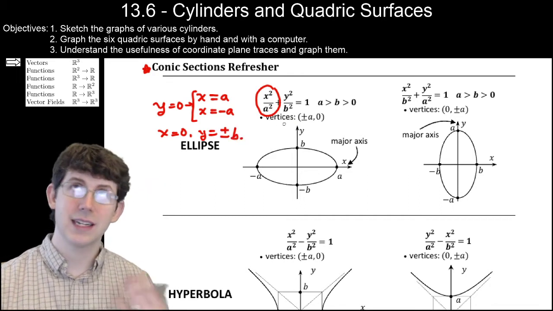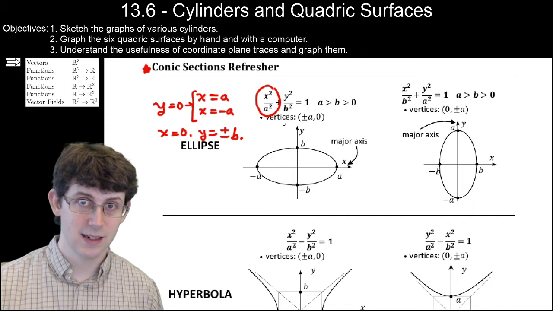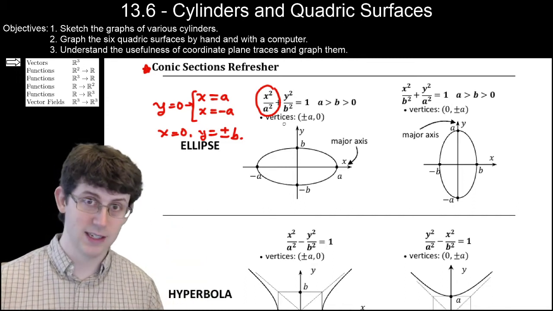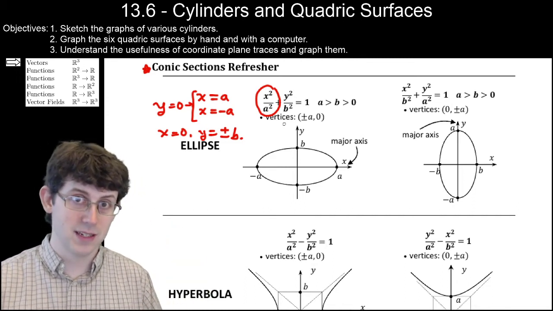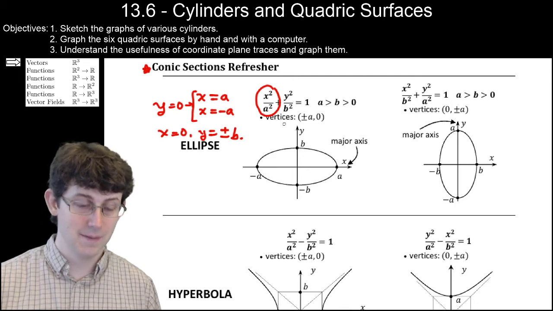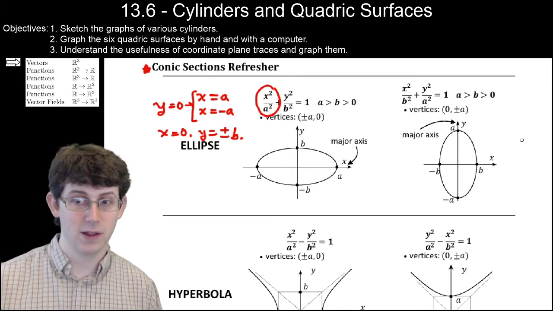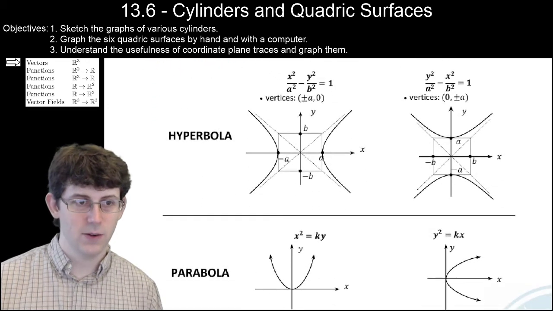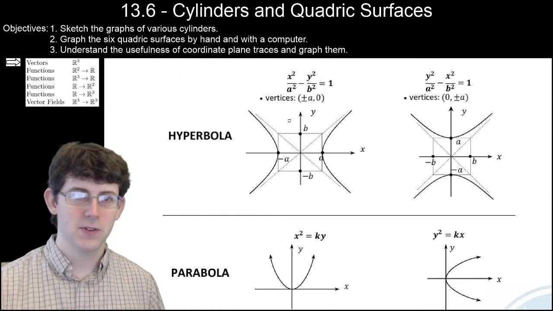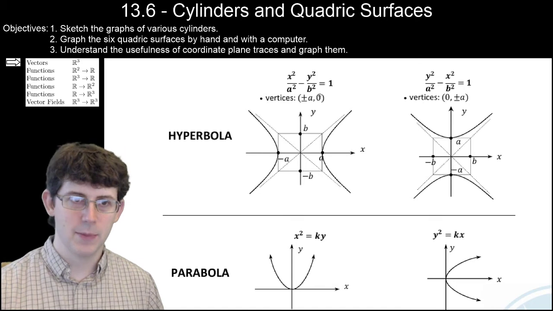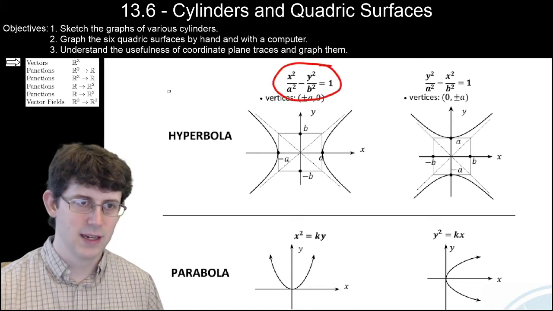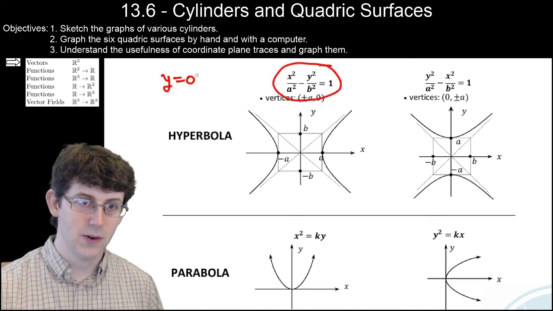So the main overarching tricks for equations like this were: notice what are some important x's and y's to plug in, and then imagine what happens when you plug in 0 for one of the variables. So like for a hyperbola down here, let's just take this one, what happens when y equals 0?